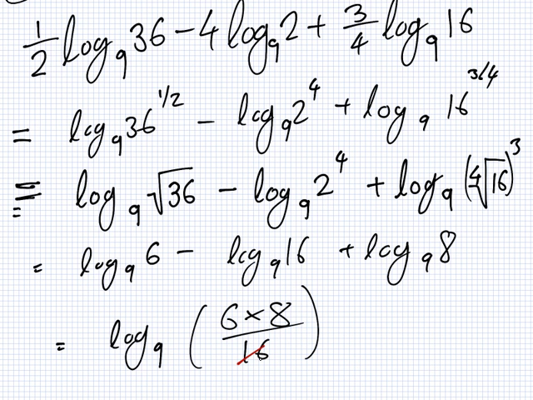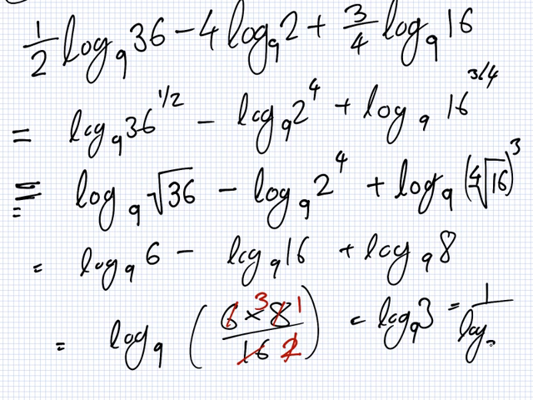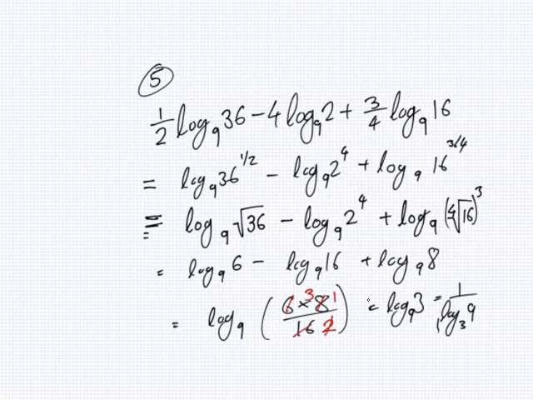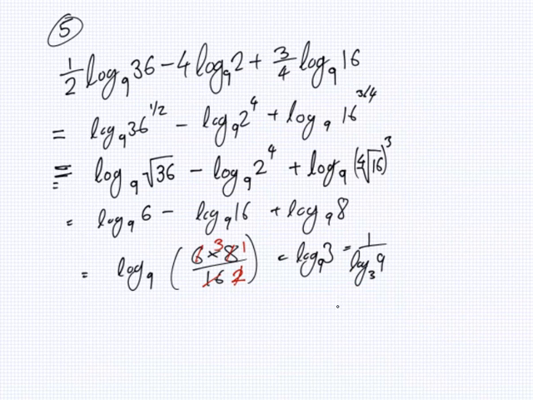So 8 goes into 8 once. And 8 goes into 16 twice. 2 goes into 6 3 times. So this is log base 9 of 3, which is 1 over log base 3 of 9. Well, 3 to what power makes 9? 2. So the answer here, 1 over 2.